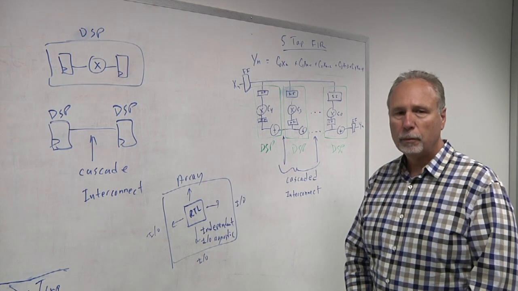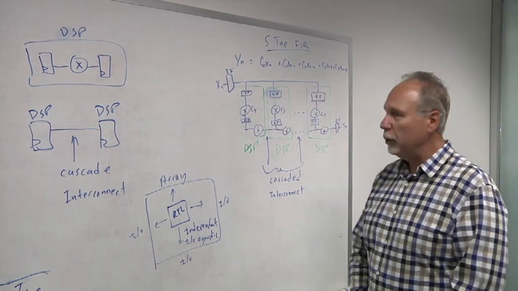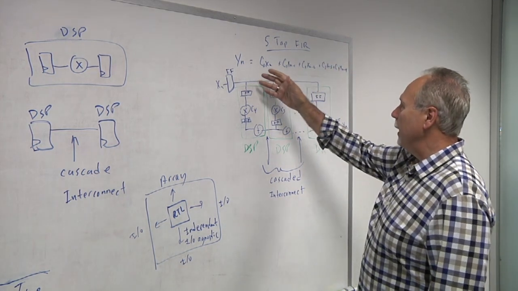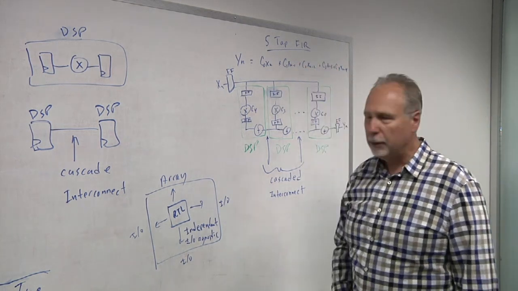So how does this look in the real world? For instance, if we take a 5-tap FIR filter, which is a finite impulse response filter, a 5-tap FIR filter has basically 5 coefficients and some timing delays.